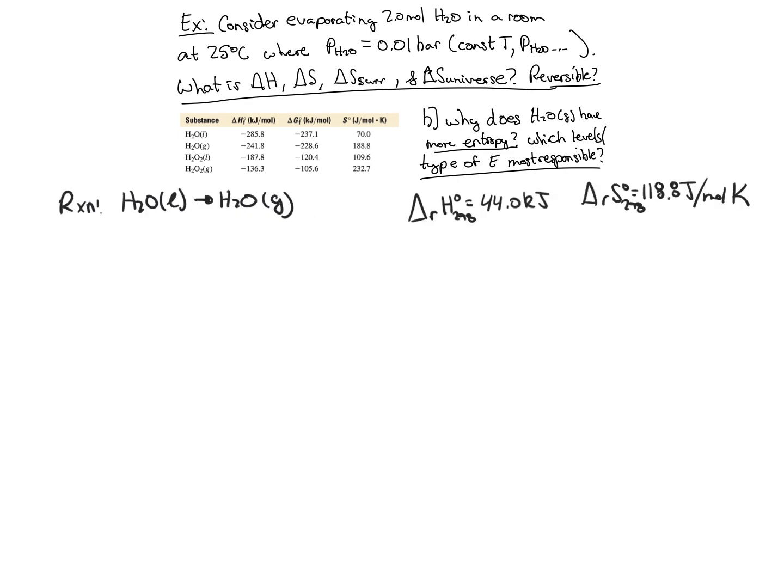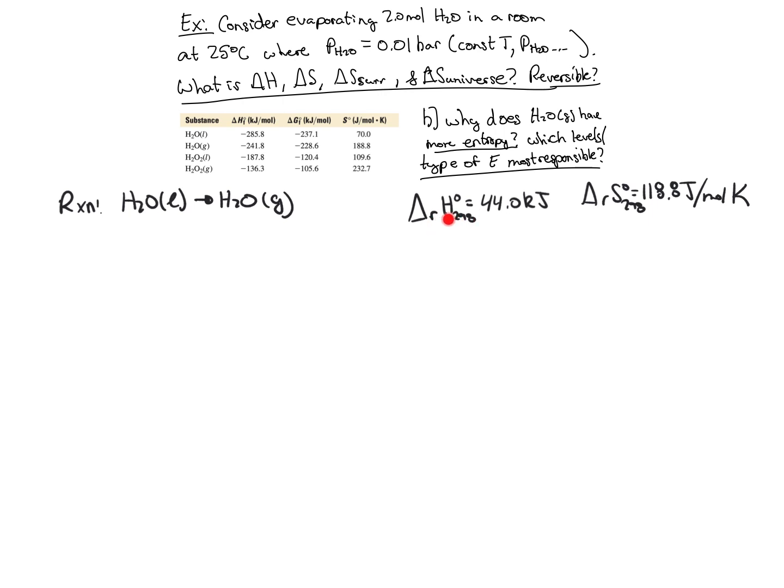Okay, so the first step here is to think about the reaction. Anytime we're doing this, this is evaporation, but again, it doesn't really matter. Anytime we can write a reaction, we want to do that for a chemical process, in this case evaporating, so liquid to gas for water.